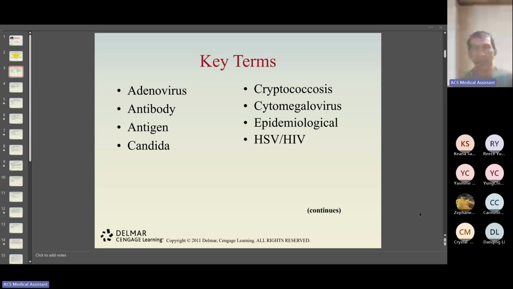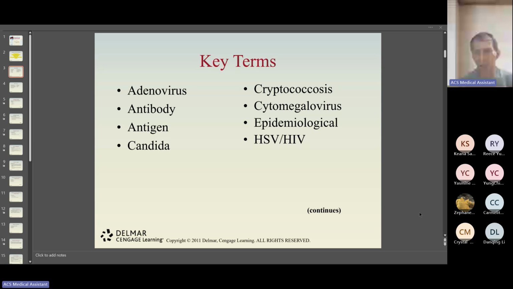We have immunodeficiency and immunocompetence. Histoplasmosis is a fungal infection; it's just called like that. Immunocompetence is when someone's immune system is in good shape. Immunodeficiency is when the person's immune system is weak.